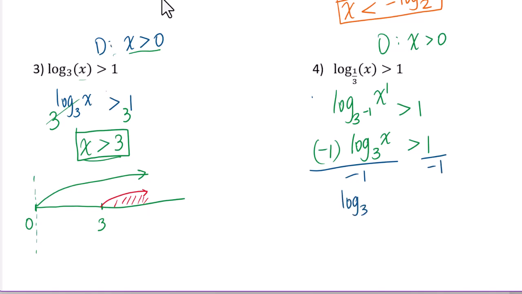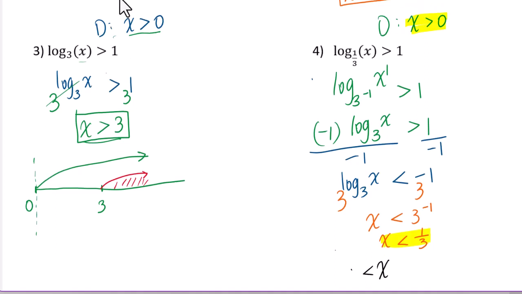Log base 3 of x less than -1. Then we add base to both sides. x less than 3 to the negative first power, which is x less than 1 over 3. Then you have to combine these two to get the solution to this inequality: x greater than 0 and less than 1 over 3.